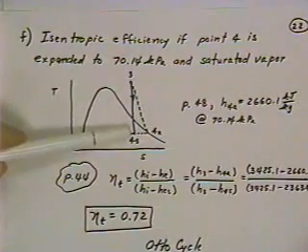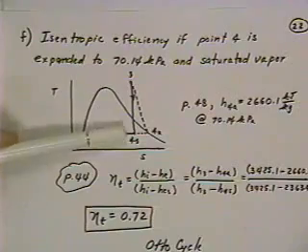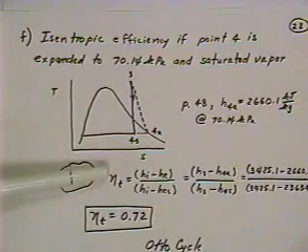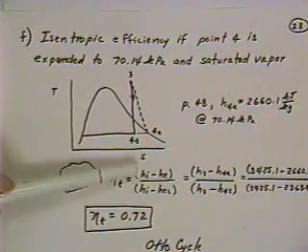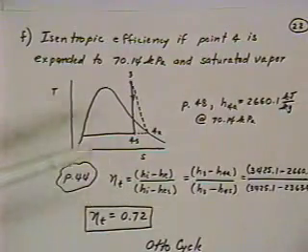So we had to go through and calculate the ideal enthalpy if we had an isentropic expansion, which we did for part A of the problem. Now, the isentropic efficiency deals with the efficiency of the actual expansion of the turbine compared to the theoretical expansion of the turbine.